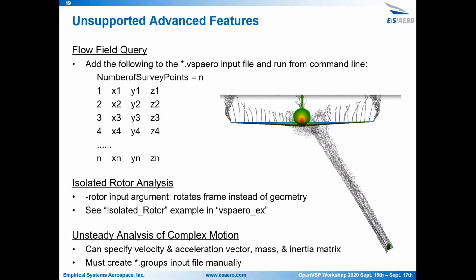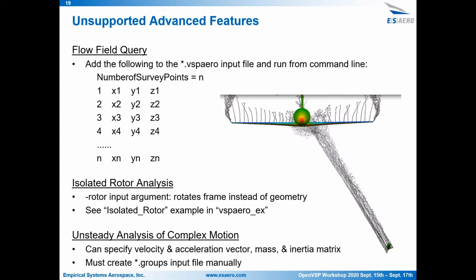And last, Dave Kinney talked about this a little bit, and this is something that we may add more support for in the OpenVSP GUI in the future. But right now, if you want, you can modify the groups input file to specify arbitrary complex motion with input velocity and acceleration vectors and mass or the inertia matrix.